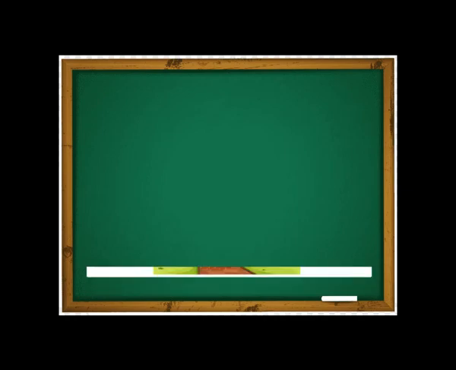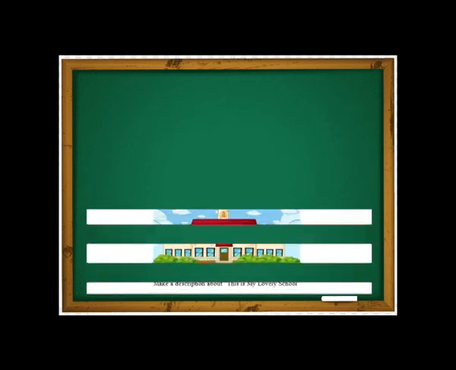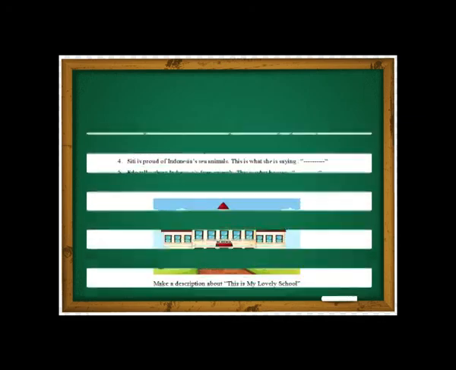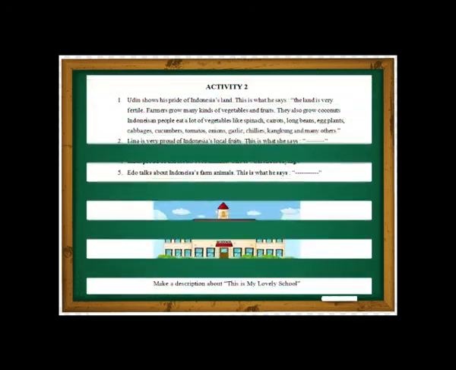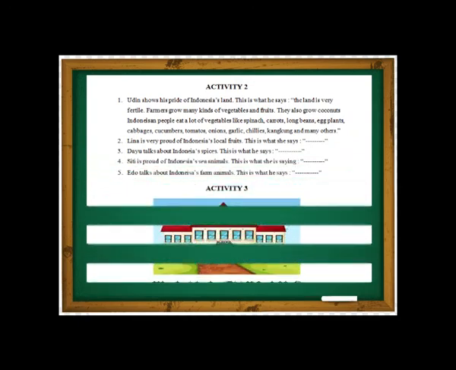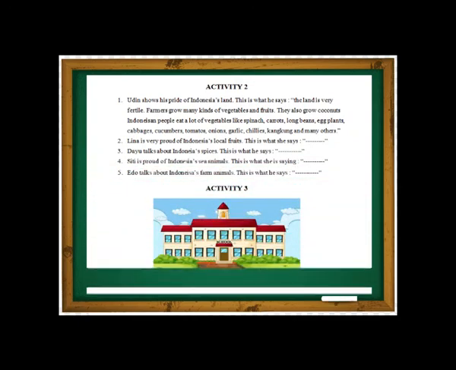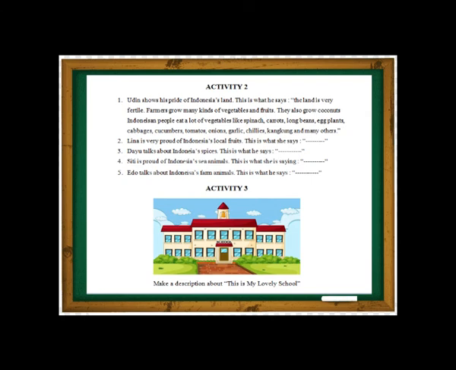And for the second activity, you give a description about the first sentence. Udin shows his pride of Indonesia island. This is what he says. Blah blah blah blah. Okay, you get it?